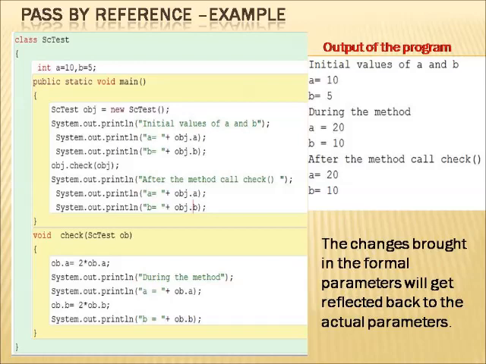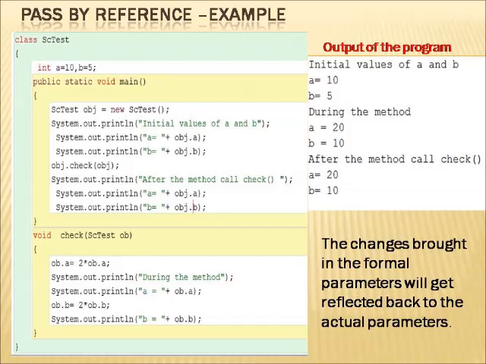Here you can see that when we print the value of a and b inside the method, a becomes 20 and b becomes 10. Then the next line reprints the value of a and b after the method call check. The initial value was 10 and 5. A was 10, b was 5.